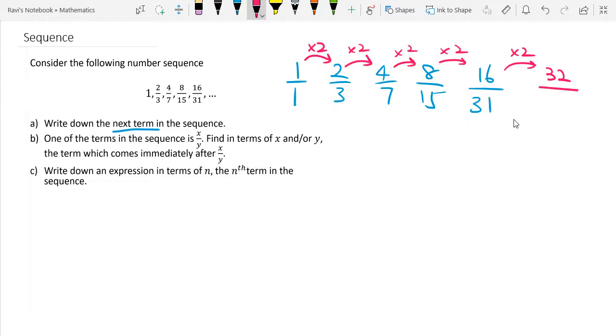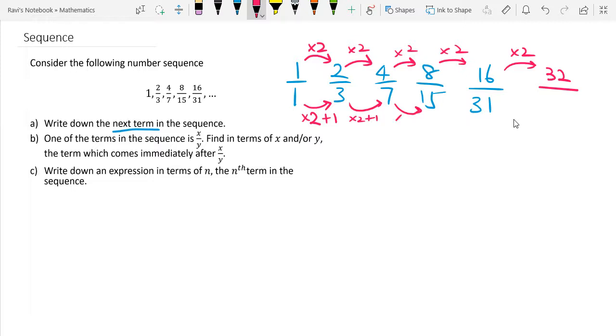How about the denominator? In the denominator, we can establish a relationship to say that it is the previous denominator multiplied by 2, plus 1. So 1 times 2 is 2, plus 1 is 3. Same thing here, times 2 plus 1, you get 7.